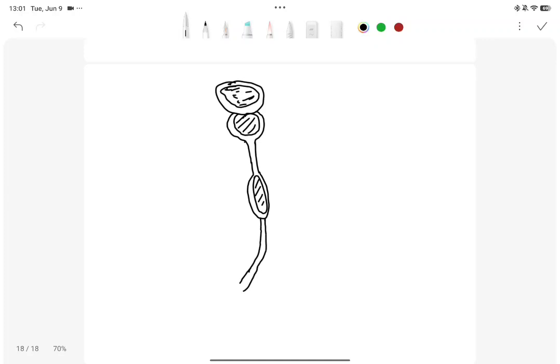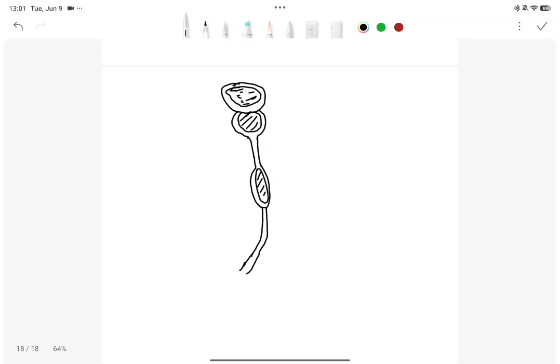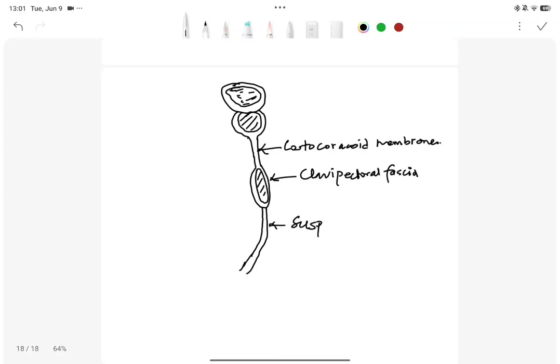Right? The axillary fascia. So this is the costocoracoid membrane, and this is the clavipectoral fascia, and this is suspensory ligament. So this terminates at the axillary fascia.